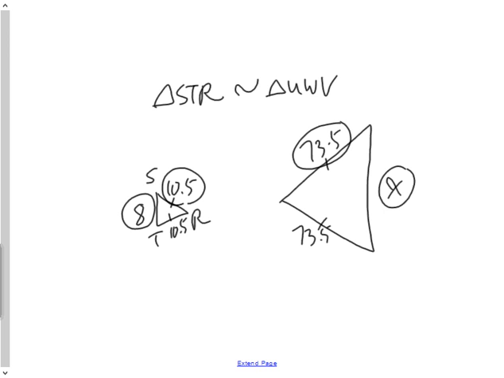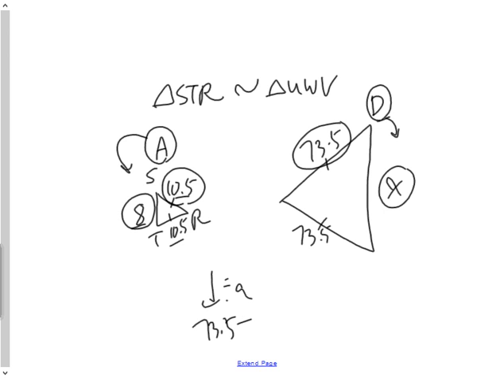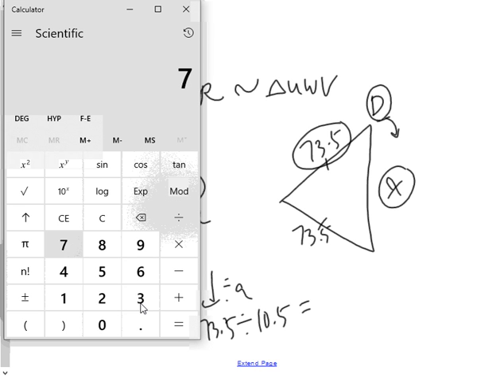The first way is to determine the scale factor. This is going to be my actual triangle, and the reason this is my actual triangle is because I know all three sides. This is going to be the diagram because I don't know all three sides. There's an X here that I don't know. So D divided by A will give me my scale factor, or 73.5 divided by its corresponding side, which is 10.5, will tell me the scale factor. 73.5 divided by 10.5 is 7.